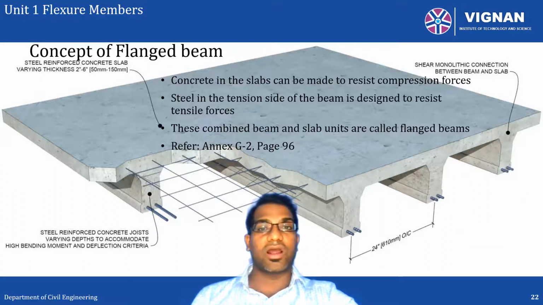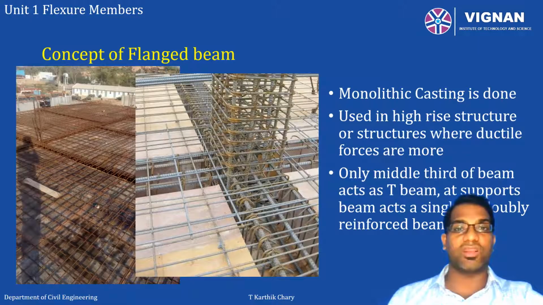Refer Annexure G 2.1 for more information on flanged beams. This monolithic casting is very often done in order to have the T-beam effect. The T-beam effect will not just save the material, it also saves the amount of steel induced into the flexural members.